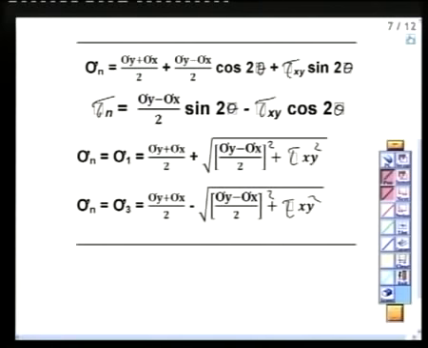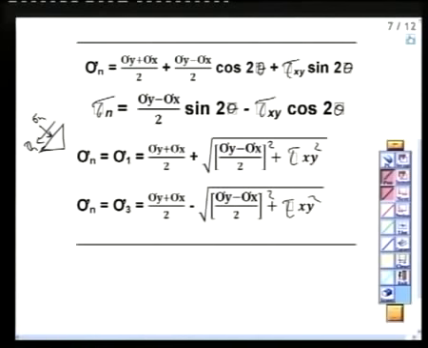So if I give you a question, such as this question, and ask you to find sigma n, tau n, and sigma 1 and sigma 3 when the shear equals 0, I can use these 4 equations. And tau xy is 0? Yes, I will tell you later.